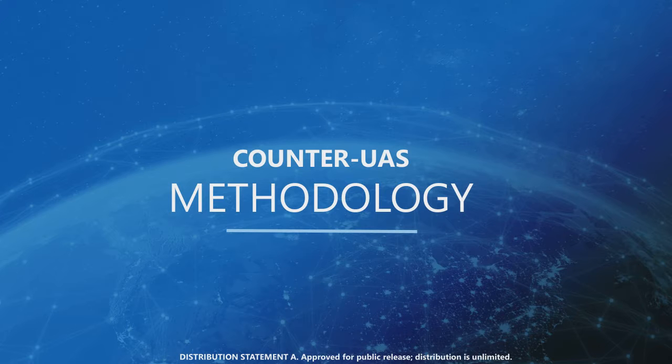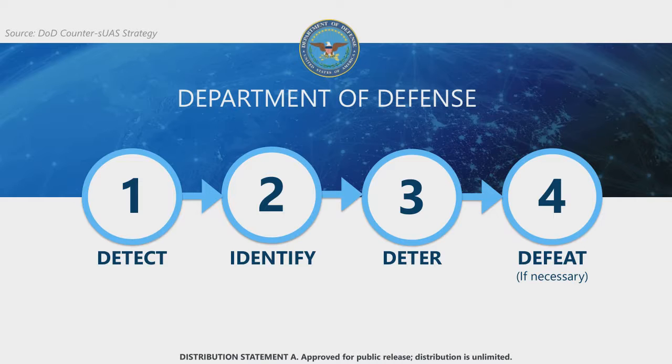So some counter UAS methodology we'll go over, both from the Department of Defense and the Department of Homeland Security. With the Department of Defense, this is their counter UAS methodology, and again, this generally will apply to DoD operations overseas or DoD operations in the homeland that have the authority to mitigate drones.